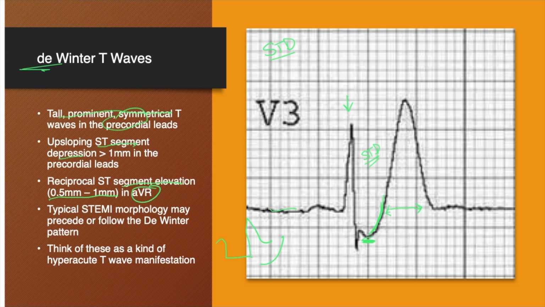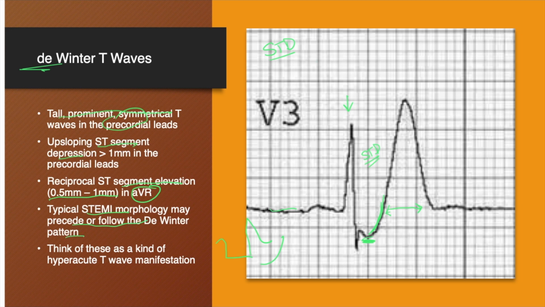So typically we don't use AVR diagnostically, but ST elevation in AVR in the presence of other conditions can be very concerning, and this is one of those conditions that if you get some subtle ST elevation in AVR and then you have abnormal precordial T waves, that should push you to think about De Winter T waves or hyperacute T waves. The typical STEMI morphology may precede or follow the De Winter pattern.